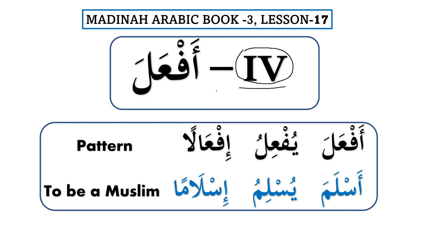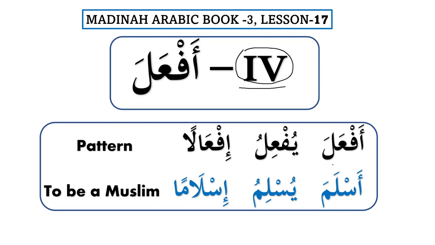However, the Sheikh, the author of these books, has decided to start with bab number 2, which is taf'il, and then after that we skip for the time being number 3, and now we move on to number 4, which is af'ala. We discussed in detail in the previous lesson that these numbers are given to these abwab, and these are the derived forms of the verb, and they have some special meanings and some special characteristics.